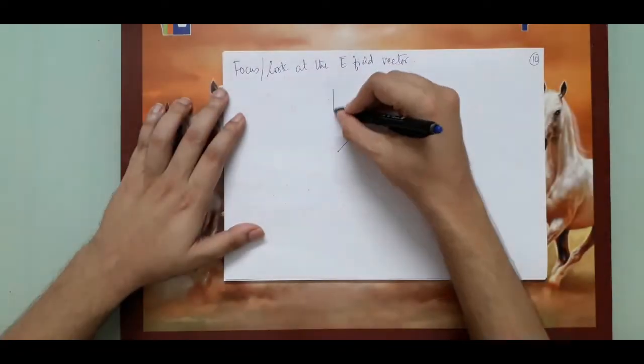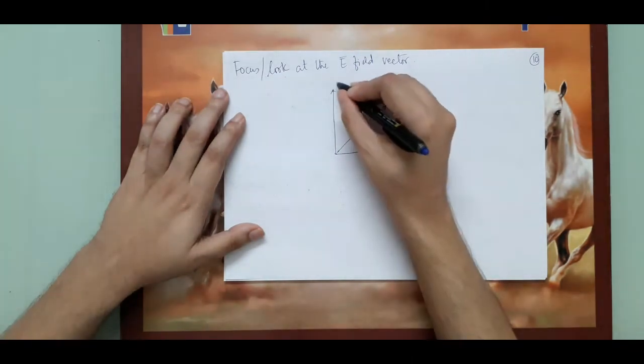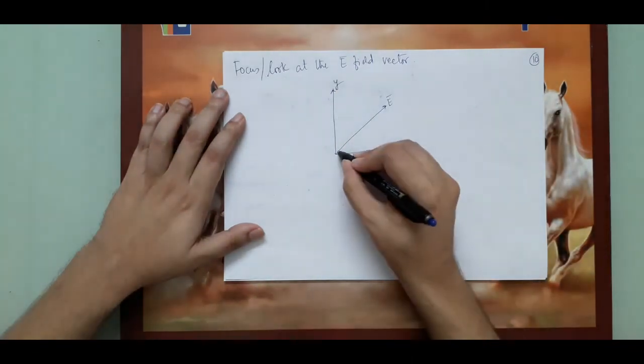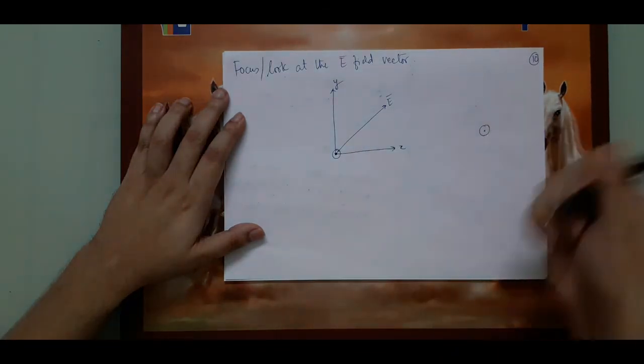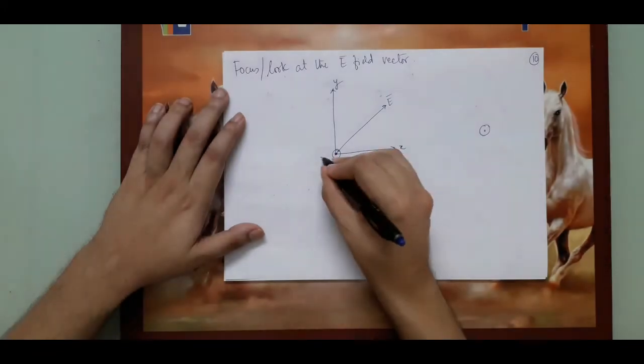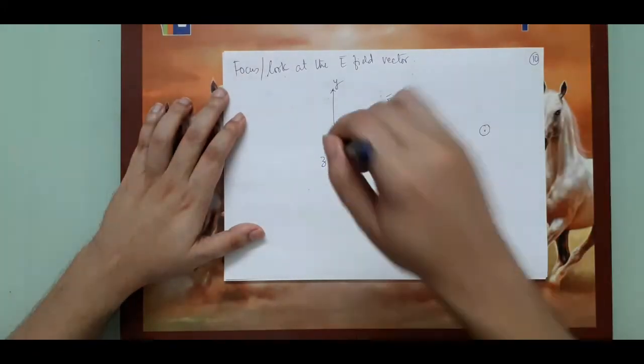Let us now say that these are my two axes x and y, and my z axis I am going to show in this format because, as you know, this means coming out of the plane of the paper. And why am I drawing this? Because this is the way I am looking.